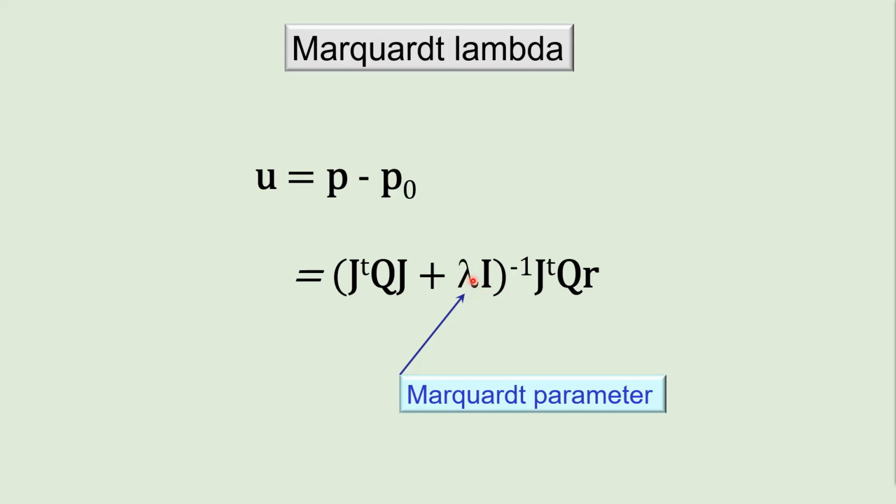The addition of lambda I means that I add lambda to the diagonal of this JTQJ matrix. It can be shown that if lambda is large enough, my parameter upgrade is straight downhill, straight down the gradient of the objective function. This is called the method of steepest descent.